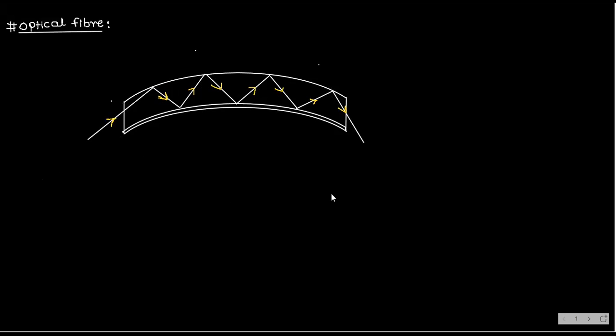Now this phenomenon, this optical fiber, works on the principle of total internal reflection, we can say.